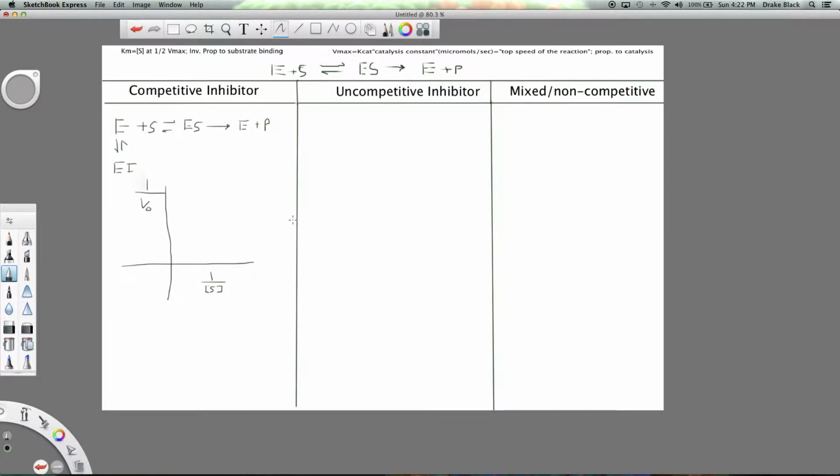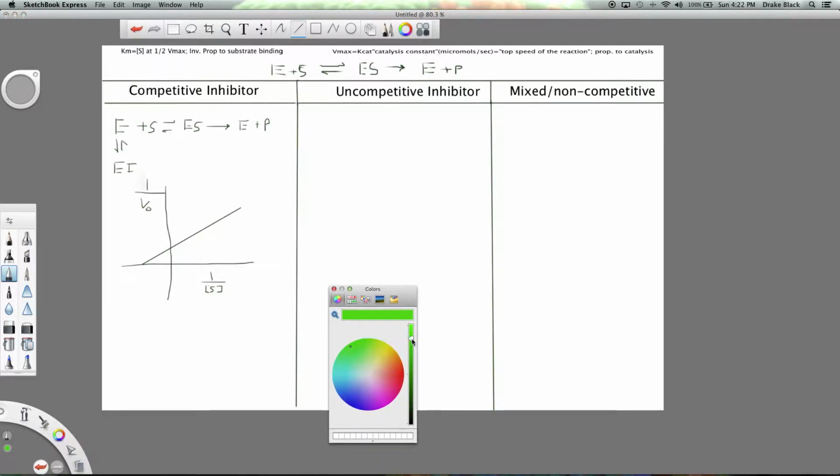Okay. And it's really nice because each inhibitor makes the graph look different, or changes the graph in a certain way. So let's say we have a control. Right here, let's say this is our control, and then let's get another color. Why don't we have the enzyme with the inhibitor?